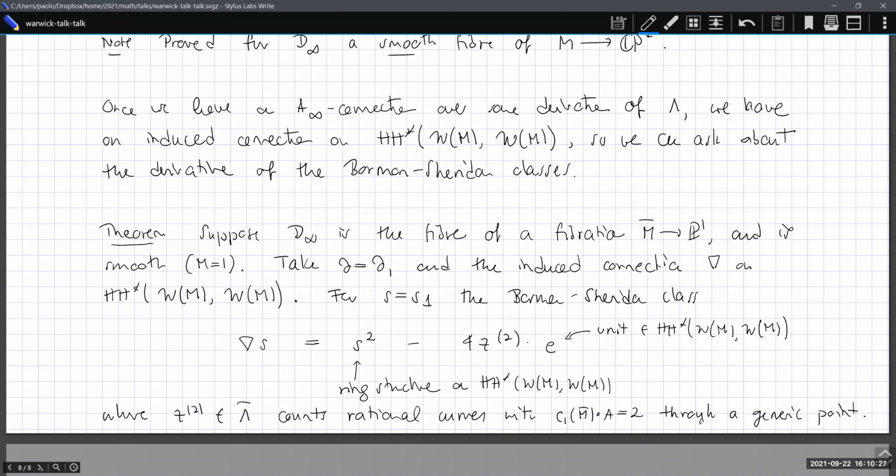So this gives you a way of figuring out, as you go along the leaves of this foliation, how your functions change. To be honest, I only did it for this leading order term of the non-commutative function, which is the Borman-Sheridan class.